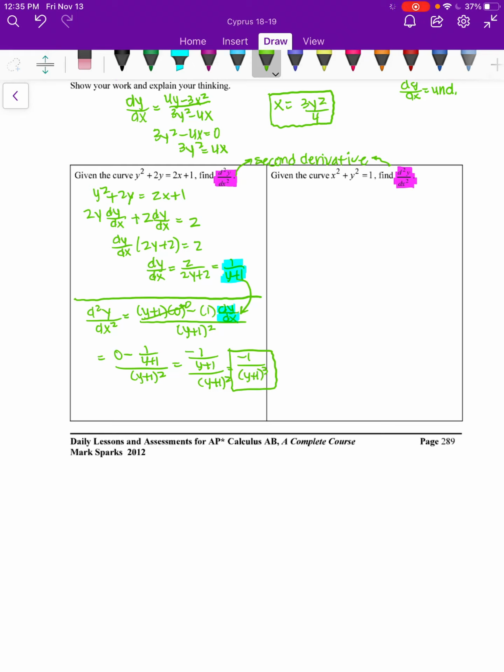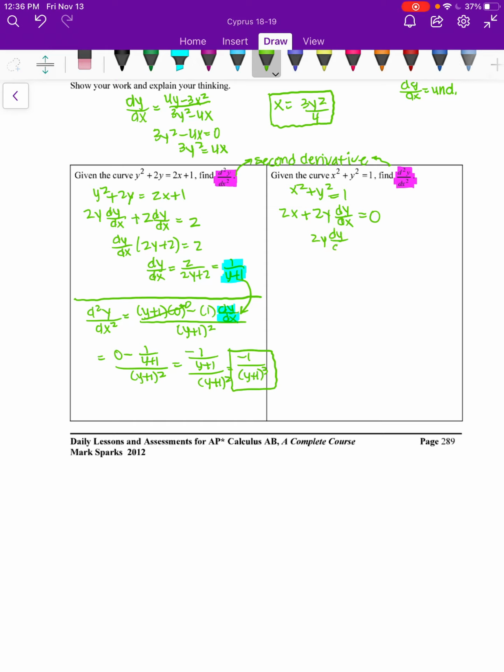Okay. Last one, we'll do another second derivative here. So we have x squared plus y squared equals 1. Okay, so first we've got to find dy/dx. So that's 2x plus 2y dy/dx equals 0.